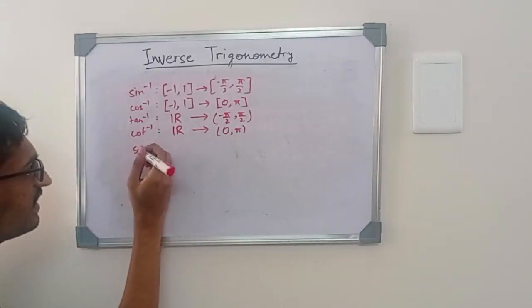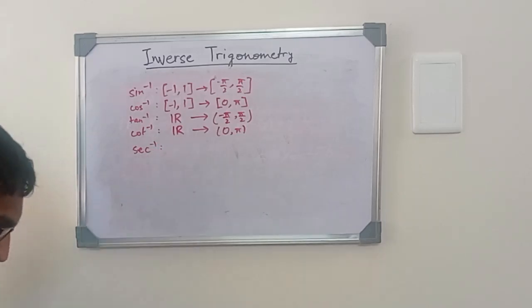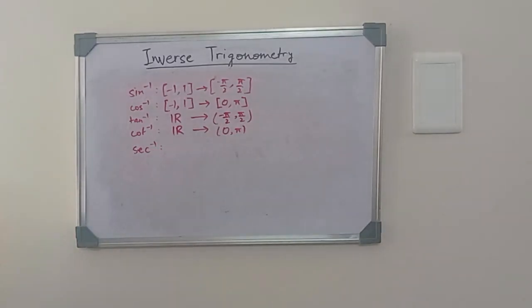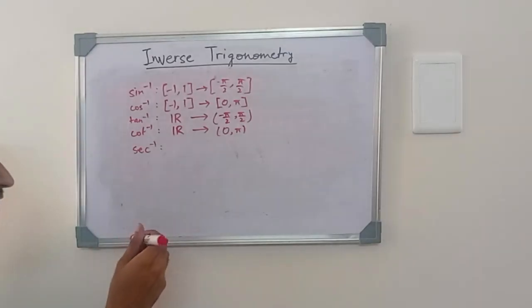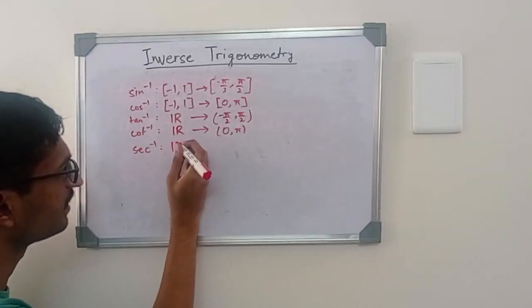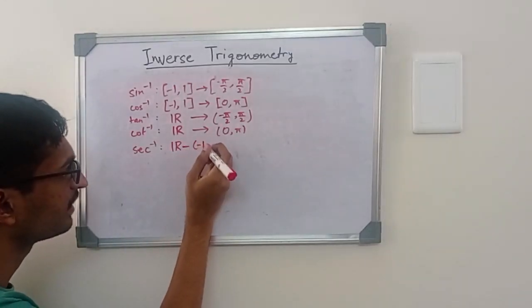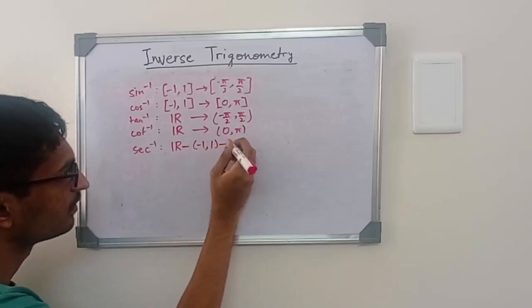Now let's look at secant inverse. If you remember the graph of y is equal to secant x, the range of that function is all the real numbers except the numbers lying in the interval -1 to 1. So that will be the domain of the secant inverse function, R minus this interval.